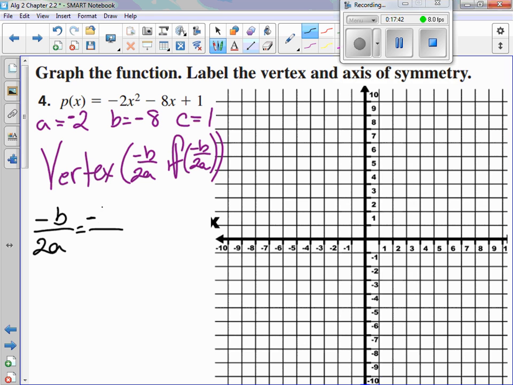So we're going to have negative what? Negative 8 over 2 times. So we're plugging in our values of B and A. So we have negative B over 2A, so negative 8 over 2 times negative 2. Well, negative 8 over 2 times negative 2 is?